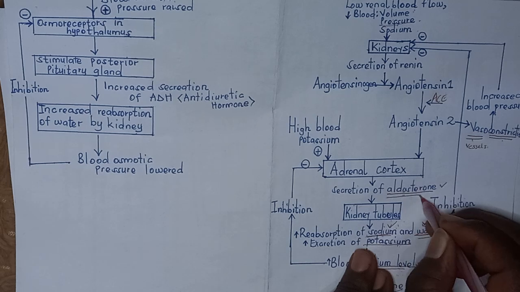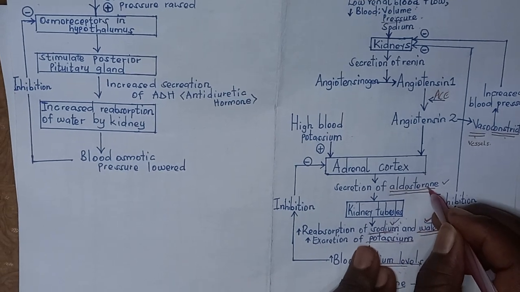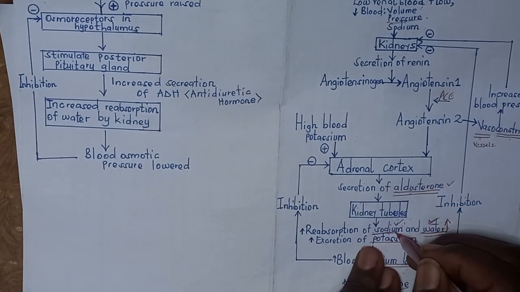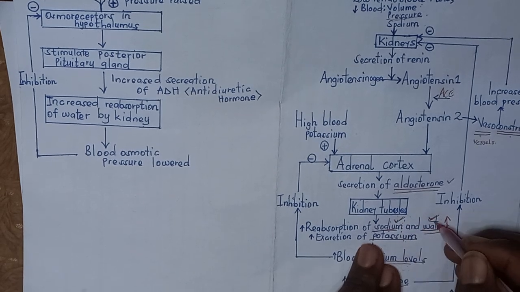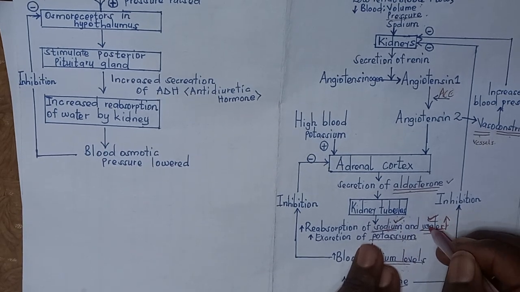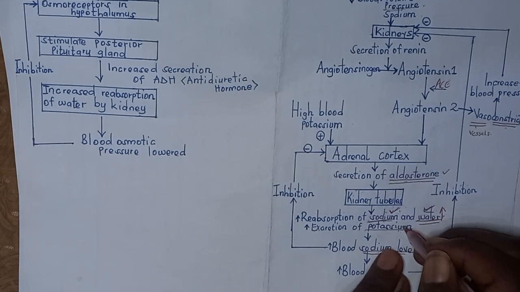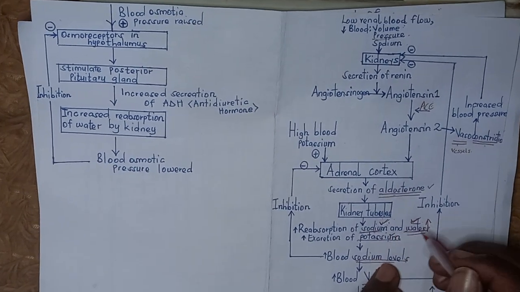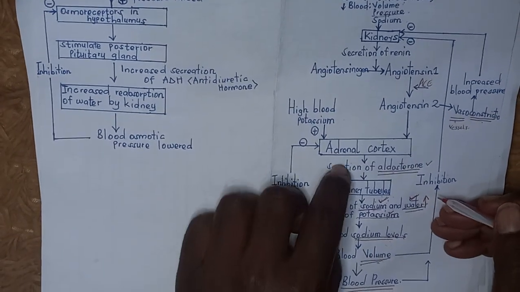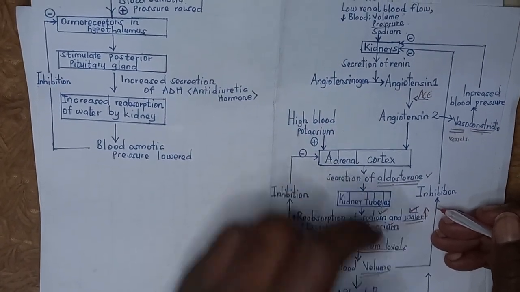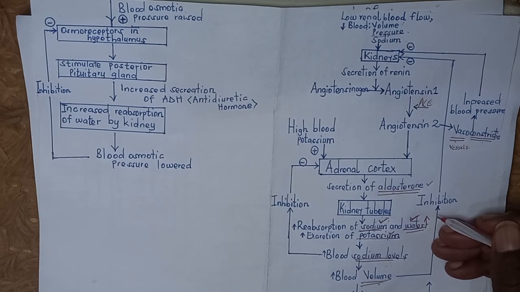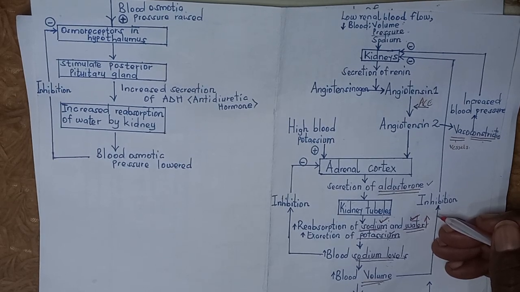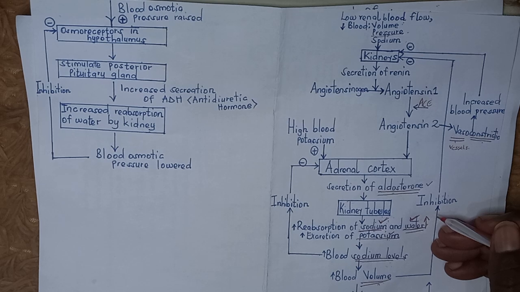Here, the aldosterone hormone increases the reabsorption of sodium and water. So this water increases the volume, and there is excretion of potassium from the loop of Henle. By doing that, an increase in volume increases the blood pressure, but a decrease in volume decreases the blood pressure.